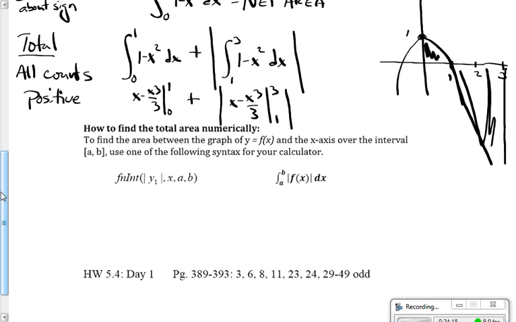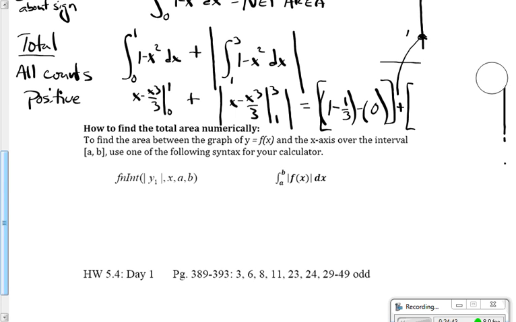Okay. I'm now going to go ahead and do this. The first portion is 1 minus 1/3 minus 0. We okay with that 0 being there? The second portion that I'm going to add, I'm going to give myself some space. I'm going to remove the picture even though the picture's good.